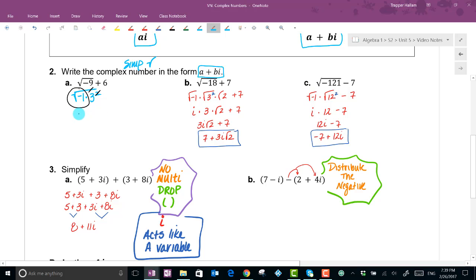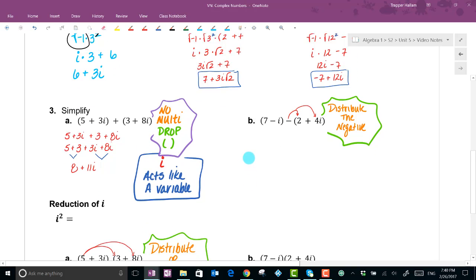You can break it up and write it out, but for time's sake, let's just go ahead and write i times 3 plus 6. Now I like to leave it like that, and then I'll rearrange it once I've got it here. This is going to become 3i, and this 6 has to go out in front because it's the real number. So I'm going to put 6 first. Now I'm going to put 3 times i. That one's done. It's just that simple to write it into complex form.